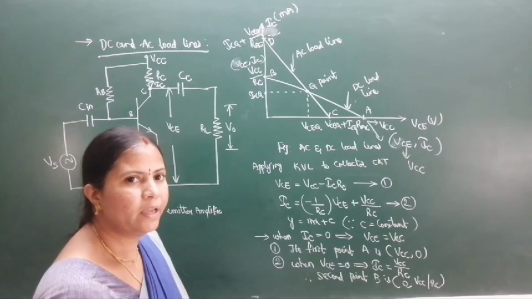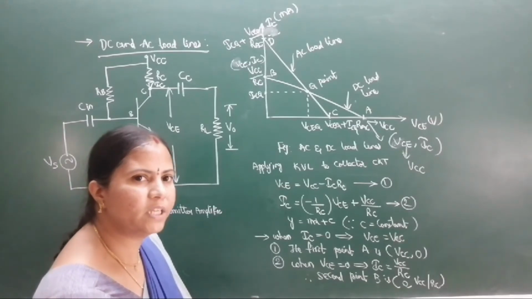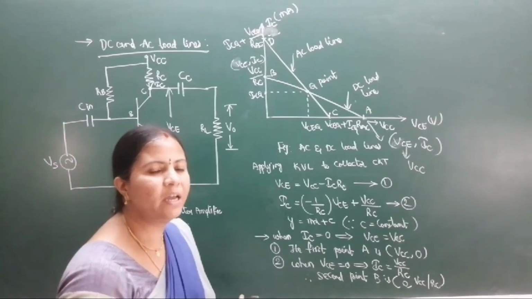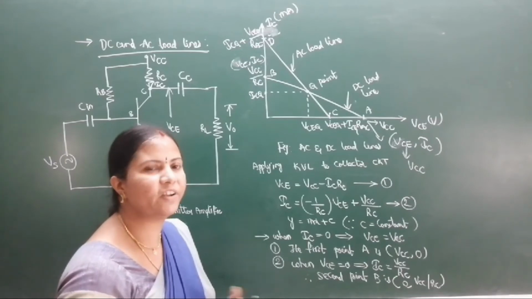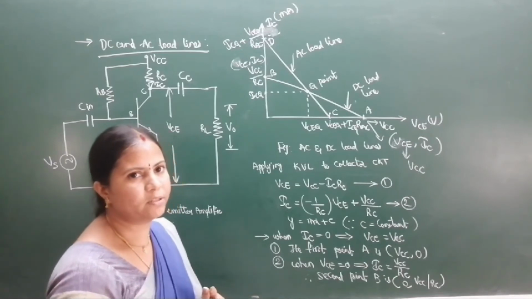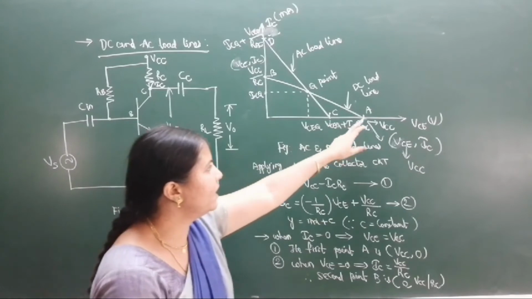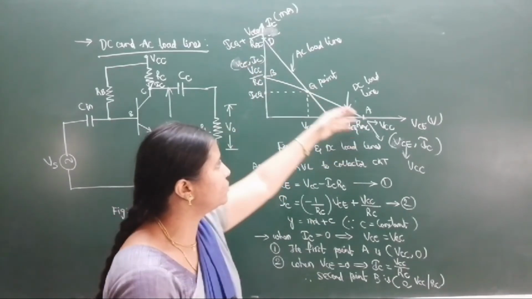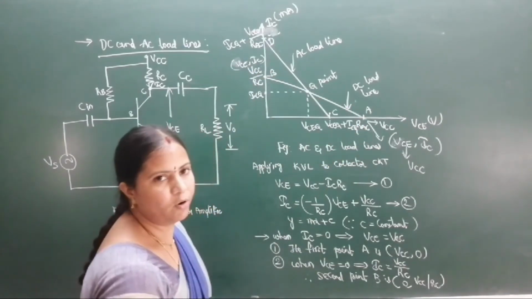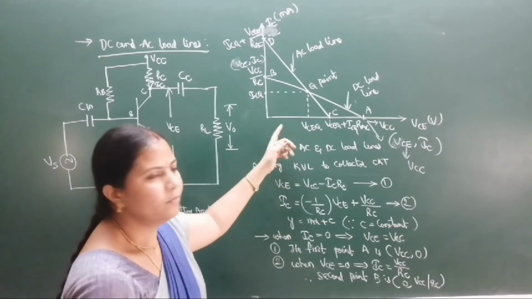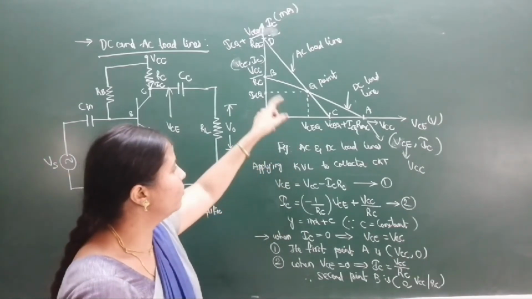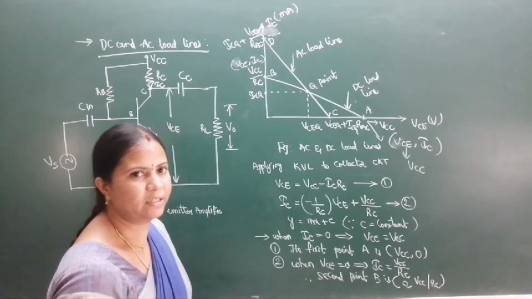In the absence of signal, it is evaluated as the DC load line. So that is the difference between AC and DC load lines. Like this you will evaluate the A and B points. By joining these 2 points, you will get the DC load line on the collector voltage and collector current characteristics.